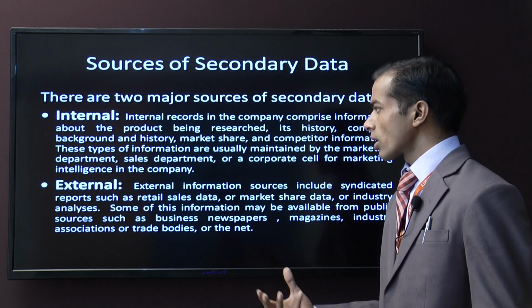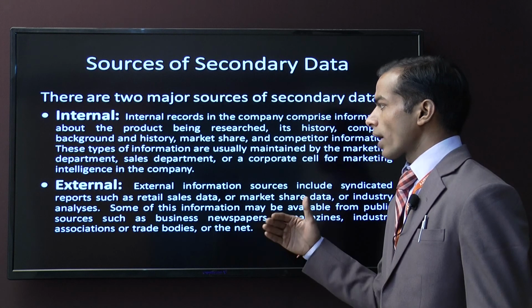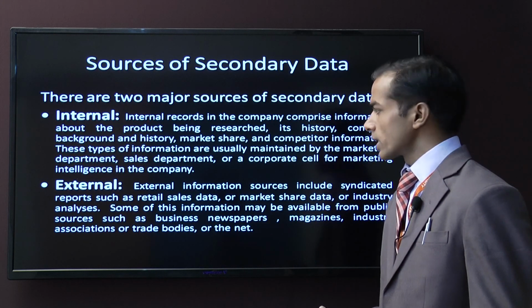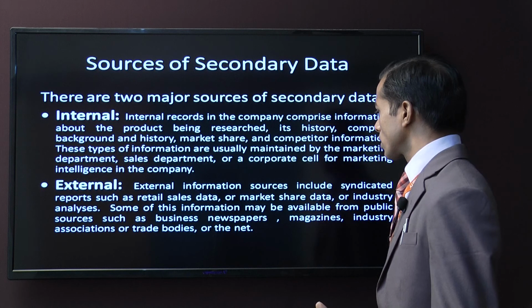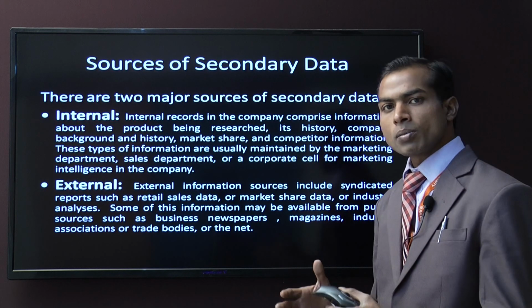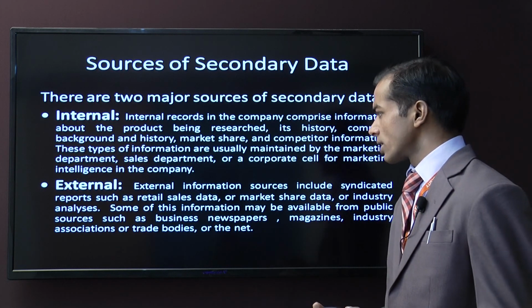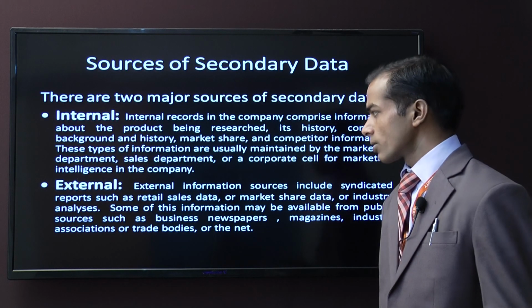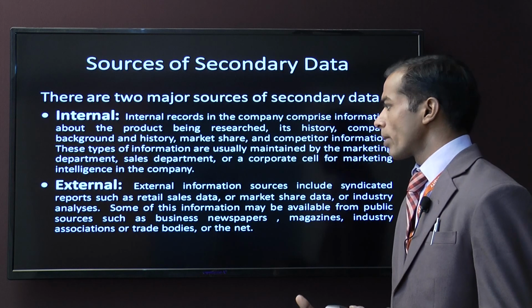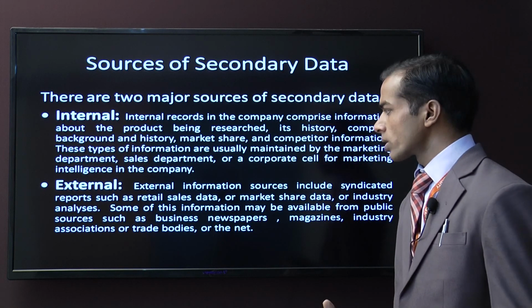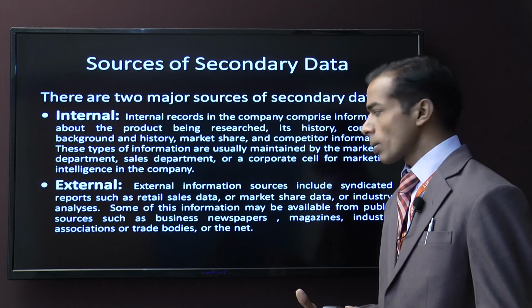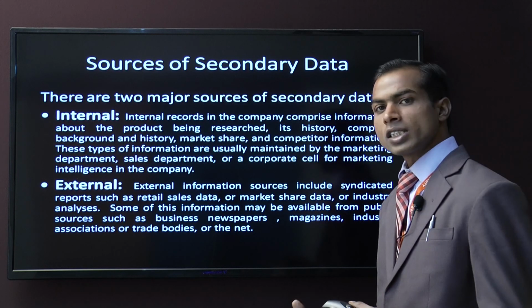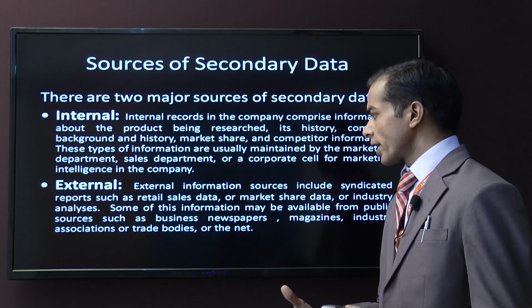intelligence within the company. When we look at the external sources of secondary data, external sources include syndicated reports such as retail sales data or market share data and industry analysis. Some of this information may be available through different sources such as business newspapers, magazines, industry associations or trade bodies.